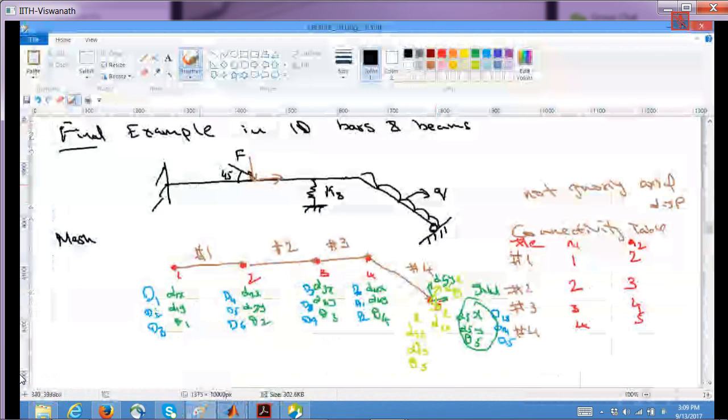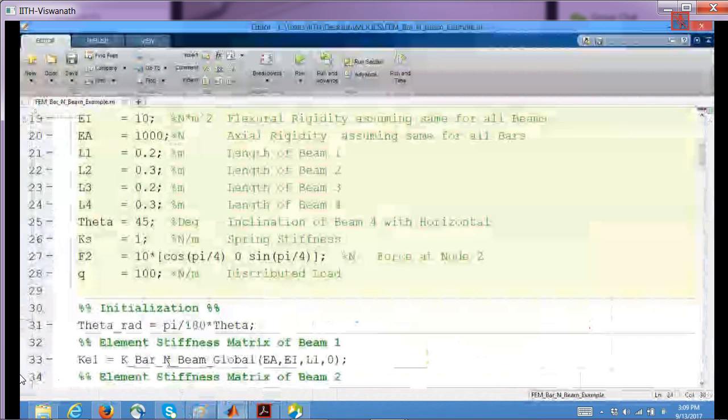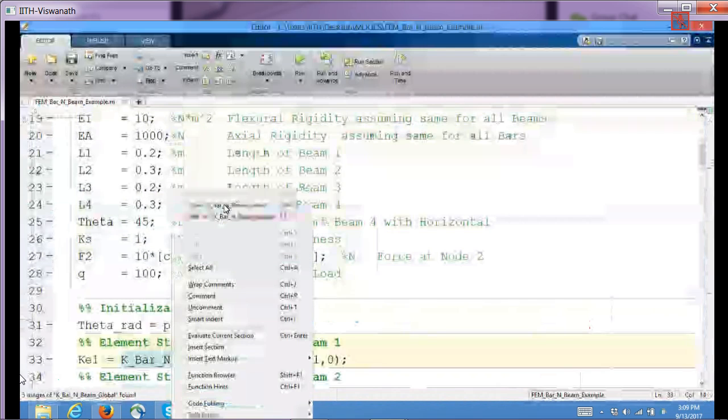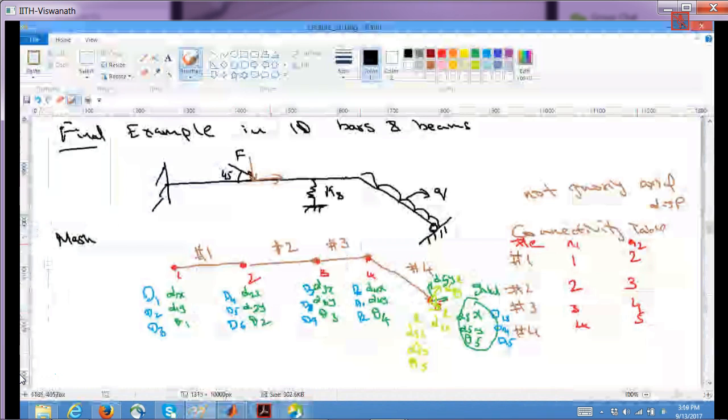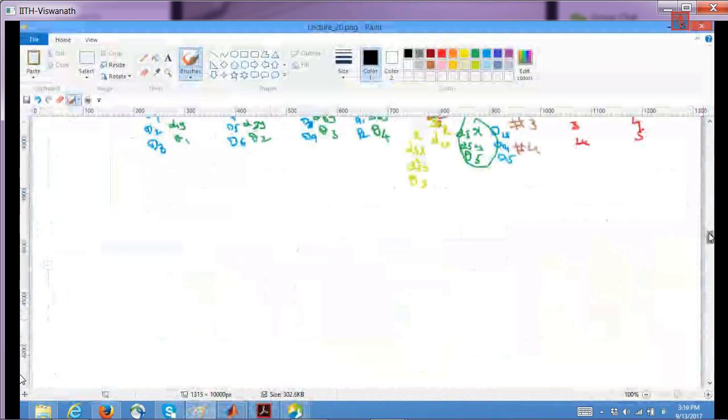The element stiffness of the first element consists of two things. Since this is a bar and beam element, let me write it down for you.